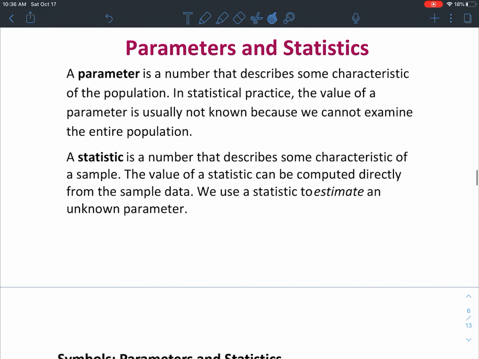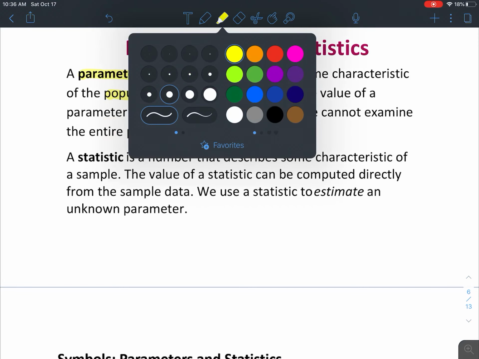Okay, so we just want to make sure that we are comfortable with some of the terminology that surrounds populations versus samples. When you see the word parameter, that is definitely describing a characteristic of a population. Typically, the value of a parameter is generally not known, because we can't necessarily examine an entire population.